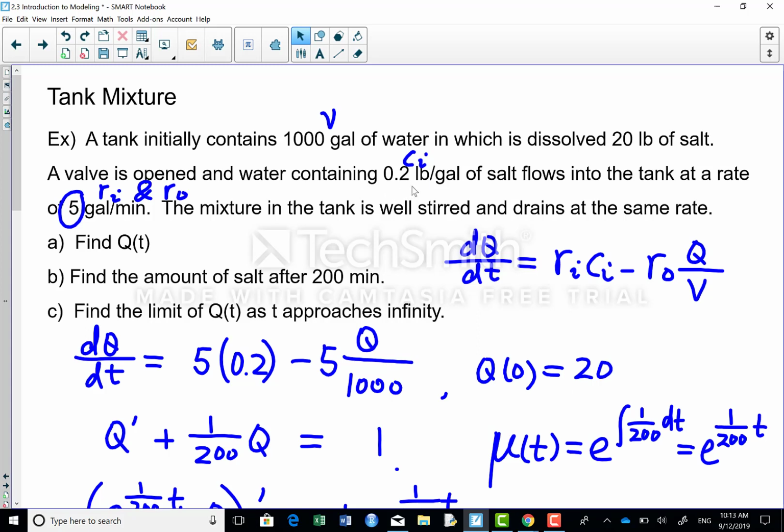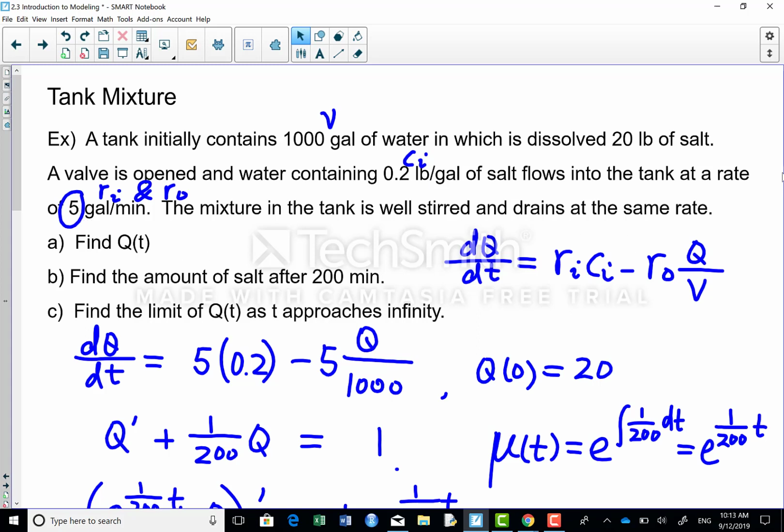And also 0.2 is the concentration of the inflow solution, so it is the value for Ci. And 5 gallons per minute is the value for Ri, because the tank drains at the same rate, so Ro is also equal to 5.